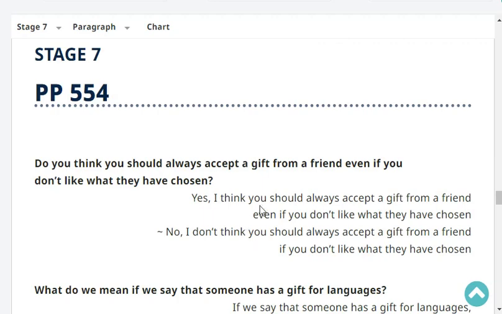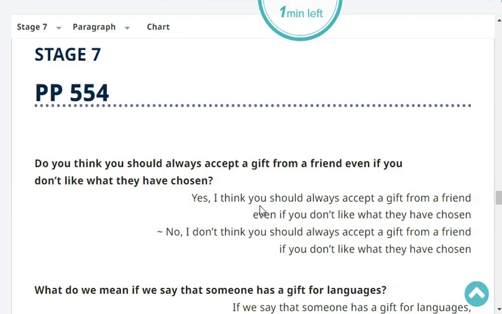Do you think you should always accept a gift from a friend, even if you don't like what they have chosen? Yes, I think you should always accept a gift from a friend, even if you don't like what they have chosen.